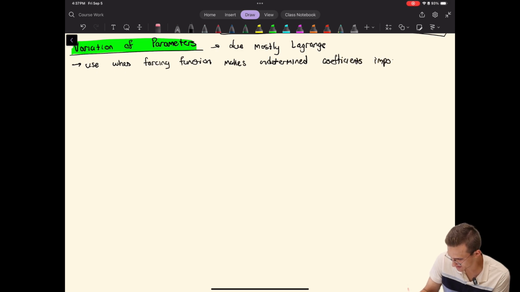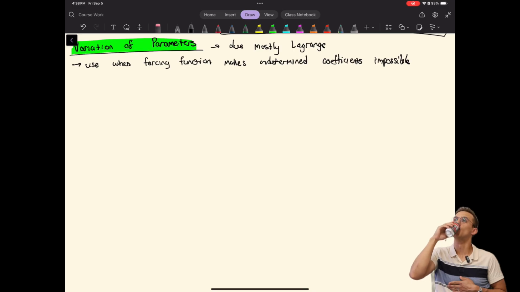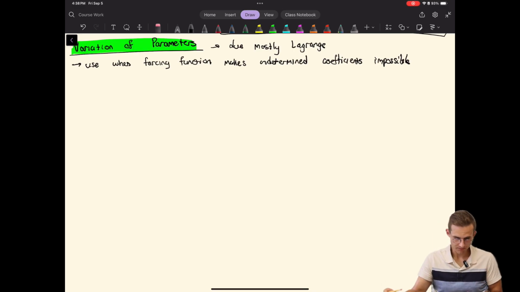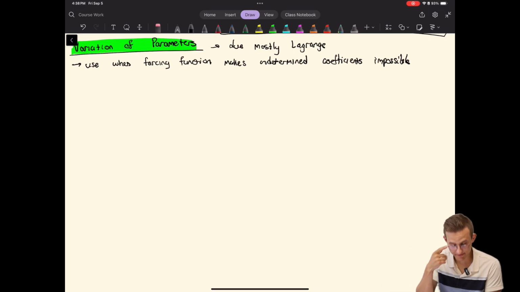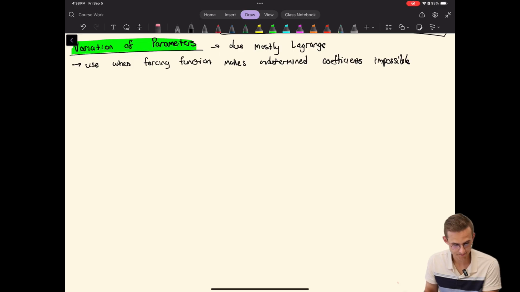Because this is harder, this method is more work to solve. There are some problems where this is less work than undetermined coefficients, but most of the time, variation of parameters is more complicated and easier to make a mistake. So you want to use undetermined coefficients when you can.